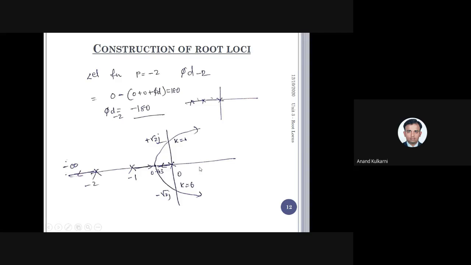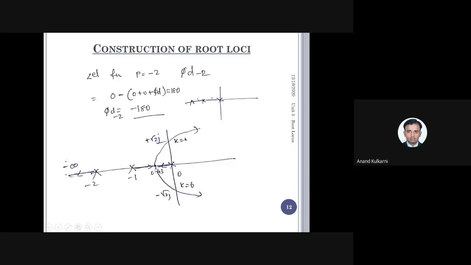Now, as the value of k goes on increasing, the angle of departure for this pole is towards the left, so it starts moving slowly towards the left. So the arrow mark is on the left side. Whereas the pole at -1 has its angle of departure towards the right, so it will start moving towards the right. So the arrow mark is towards the right.